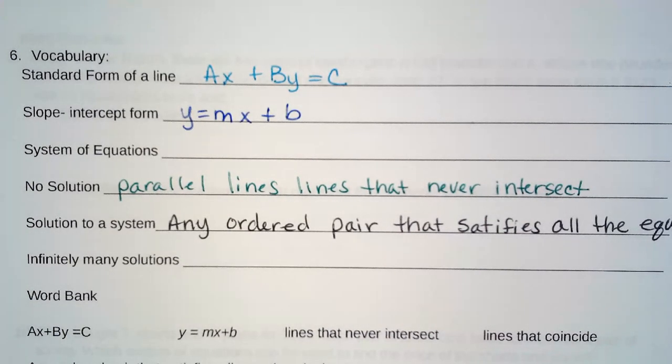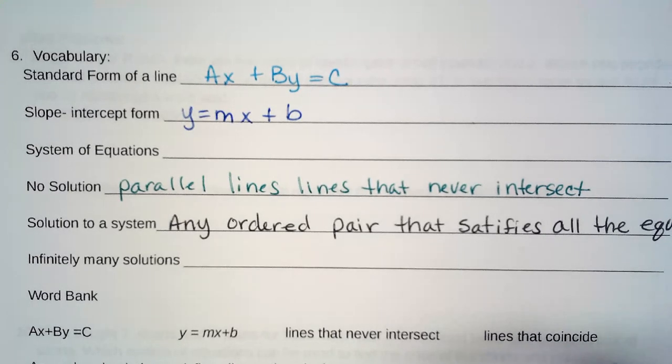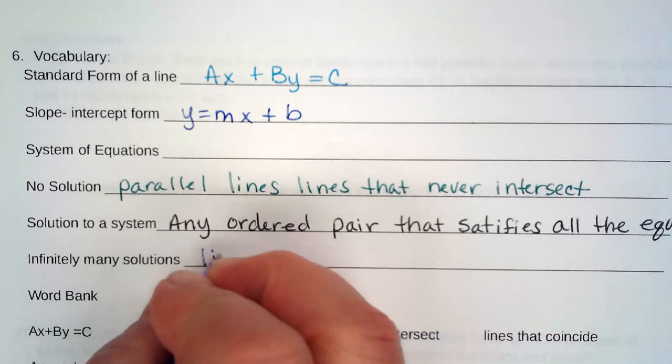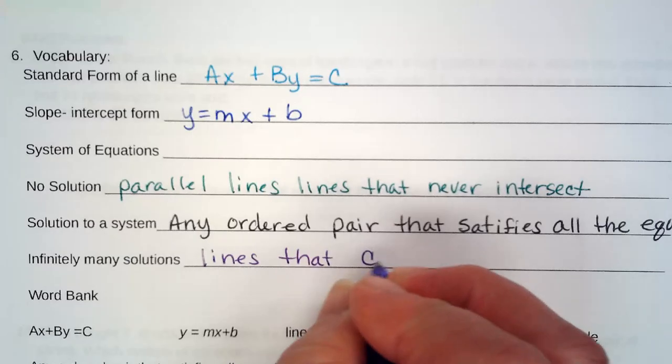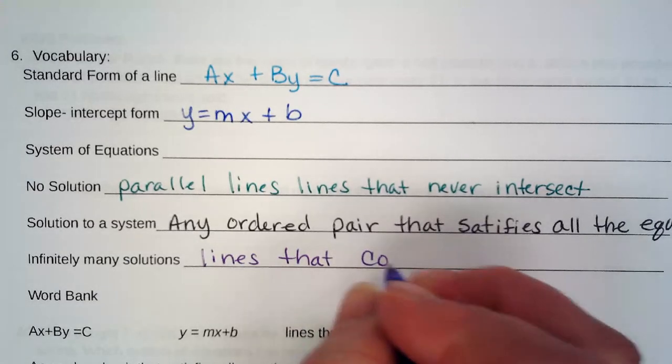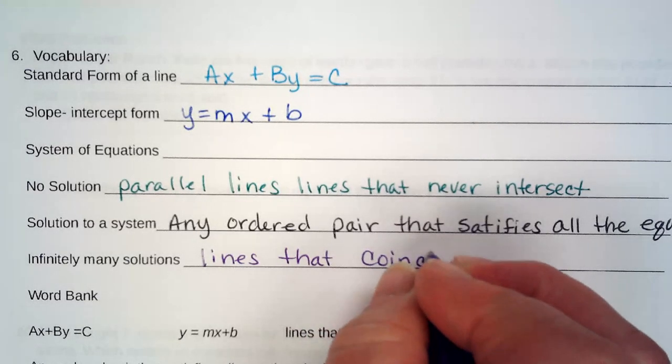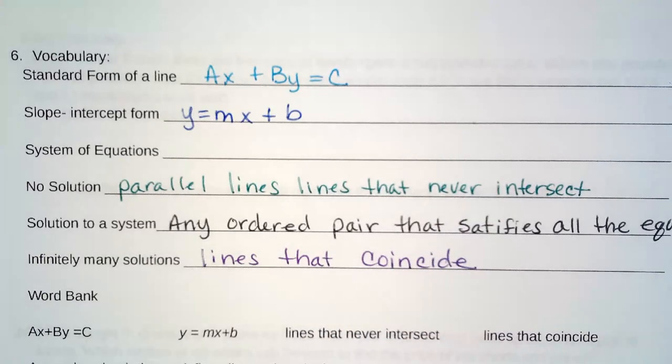Okay, what about infinitely many solutions? That would be lines that coincide. Coincide means one on top of the other. What is a system of equations? I forgot to put that in the word bank.